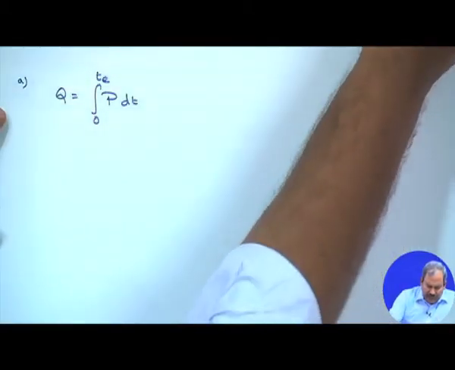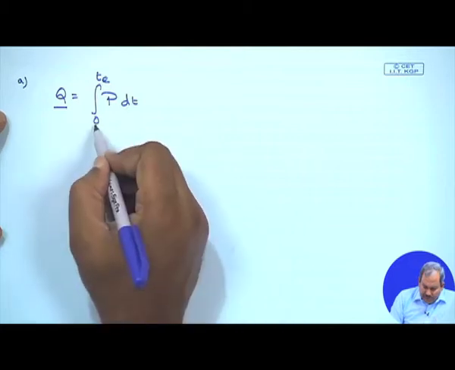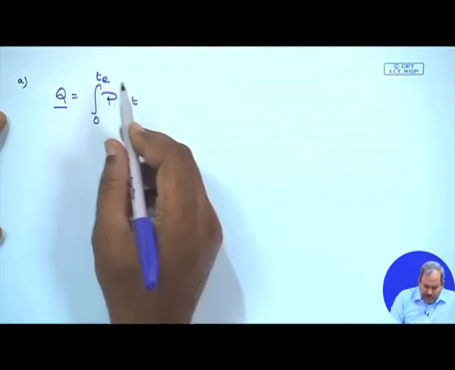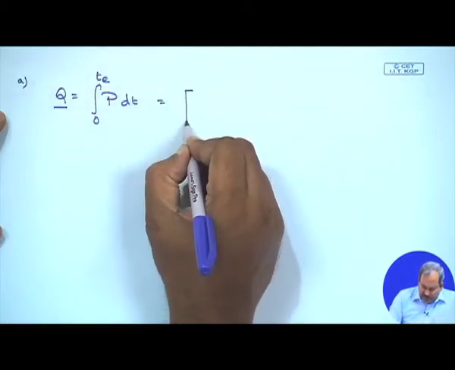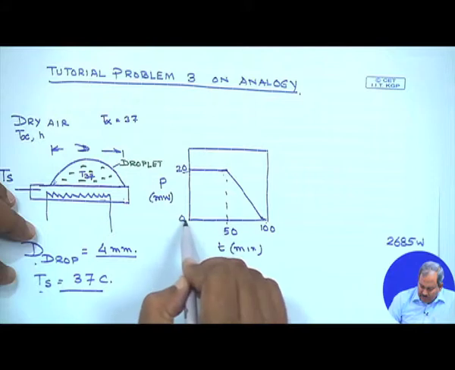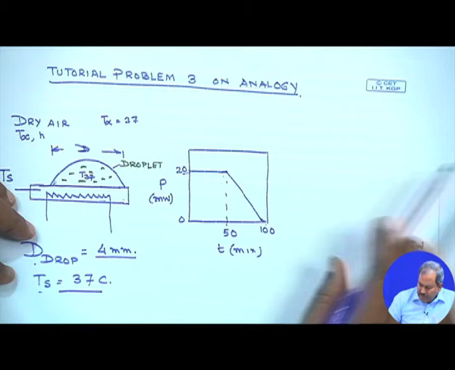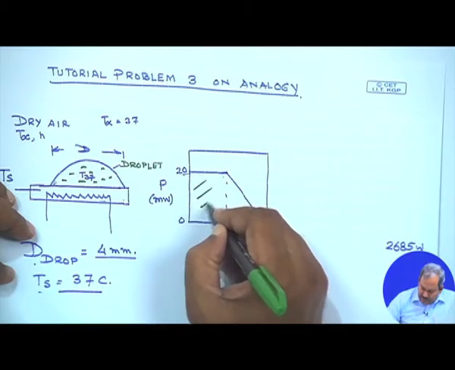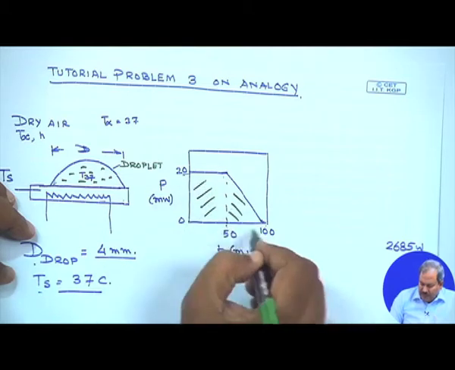So, the electrical energy required to evaporate the droplet during this interval of time 0 to Te can be obtained by the area under this curve. The area under the curve would simply be 20 times 50 in milliwatt minute, this area plus this area. So, area of a rectangle and area of a triangle.